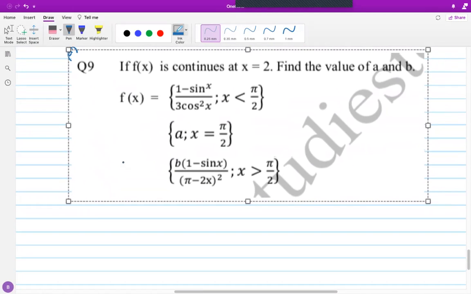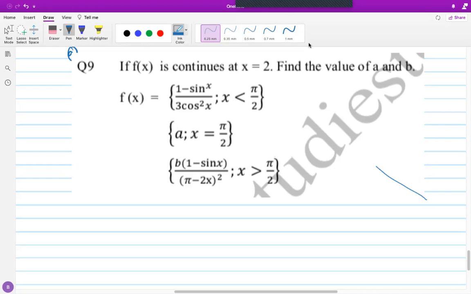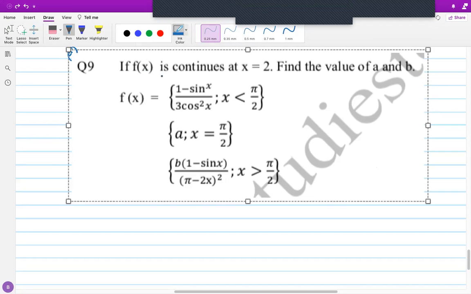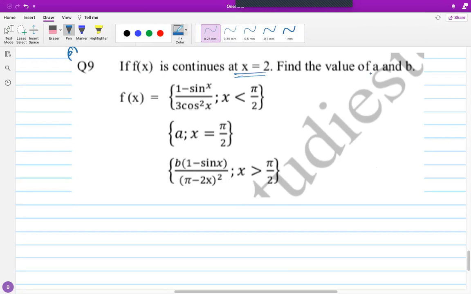Yeah, ninth question, students. Just listen to this question. Here, f of x is continuous at x equal to 2. Find the value of a and b such that f of x, if you go to see here, LHL and RHL at x equal to 2.